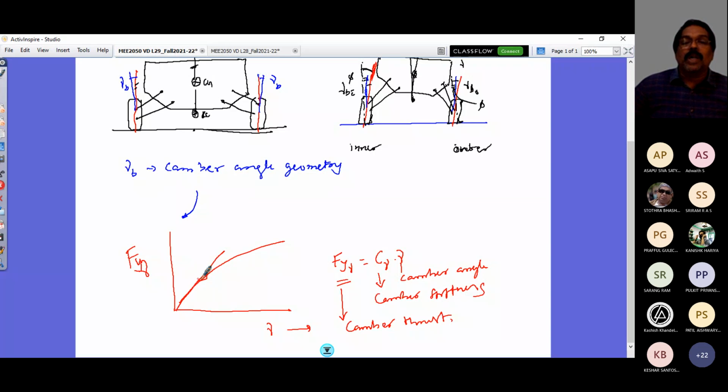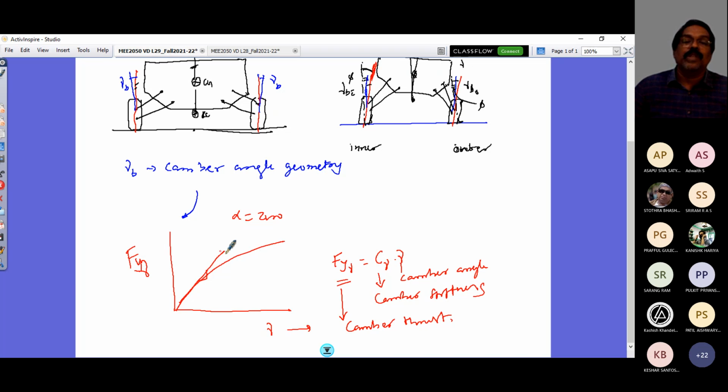And this plot is drawn when slip angle is considered 0. This is the variation of your Fy due to camber angle alone, if you are doing it in a test rig by taking a single wheel, putting it on a rotating drum, and then giving an inclination, changing the camber, and you measure this.